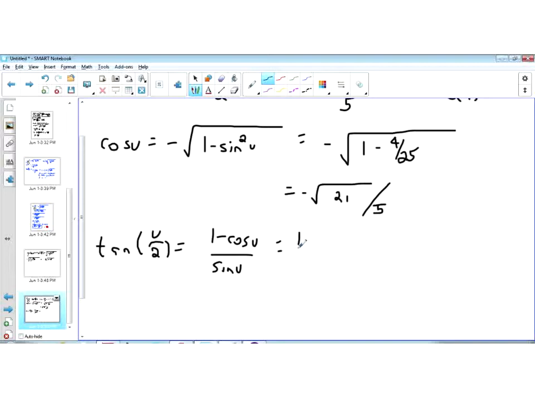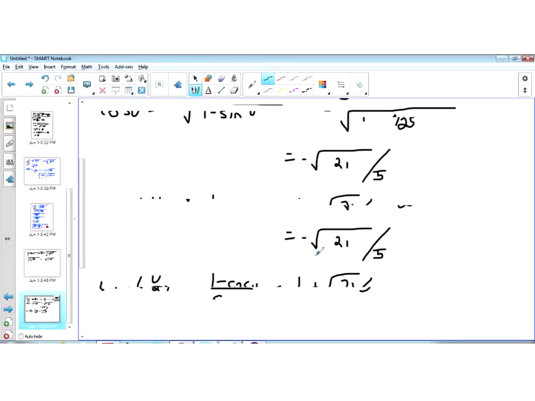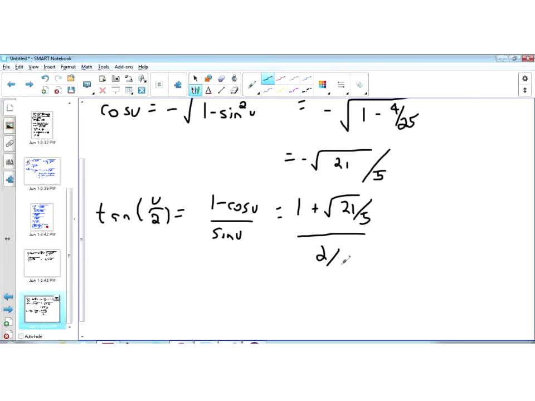Okay, and so that would be 1 plus the square root of 21 over 5, divided by 2/5. And so that's equal to 5 plus the square root of 21 over 2. All right. Okay, so that's how that works.